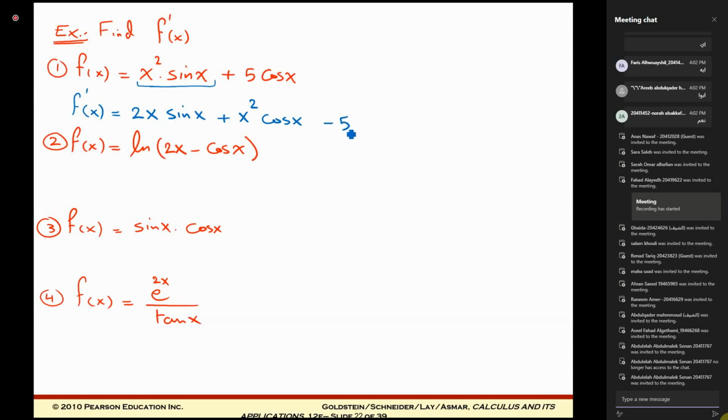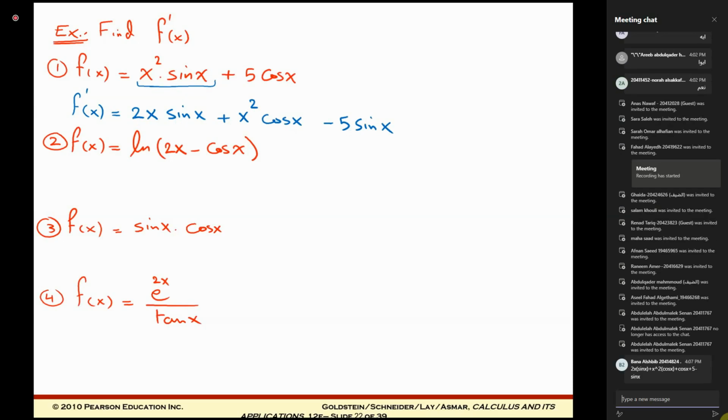minus 5 sine of x. Negative, because we have cosine, the derivative of cosine is negative sine. So put the negative in the first of the terms. So we have negative 5 sine.